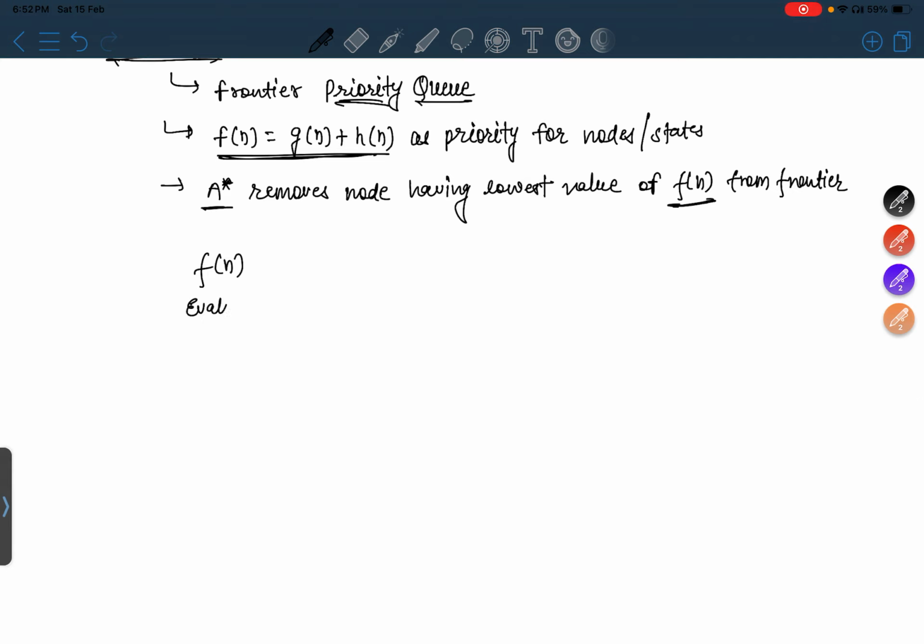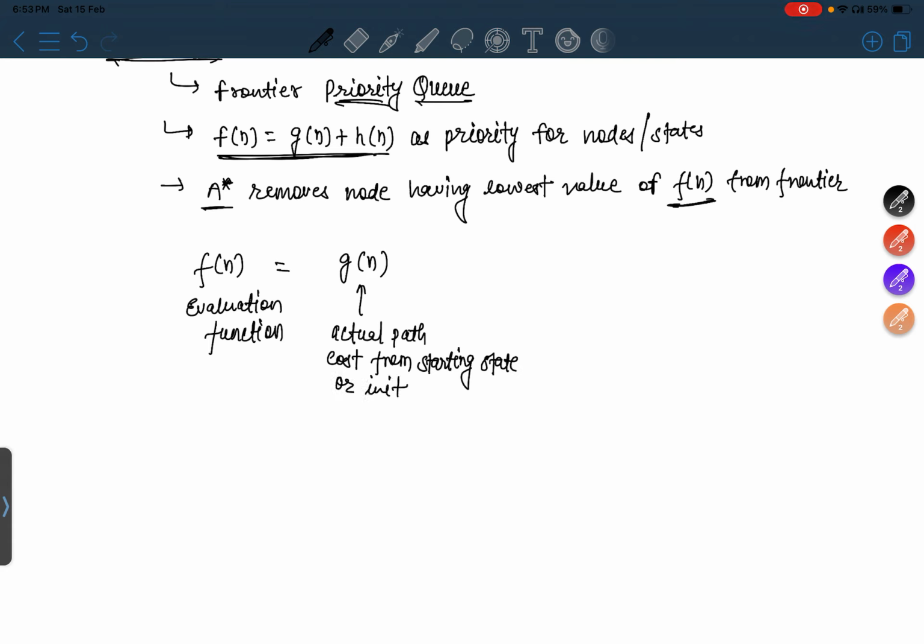Another name for this f of n is the evaluation function, which consists of two terms. g of n is the actual path cost from the starting state or initial state to the current node.